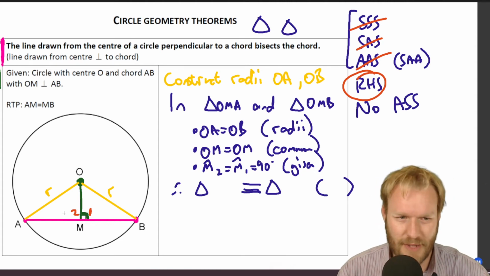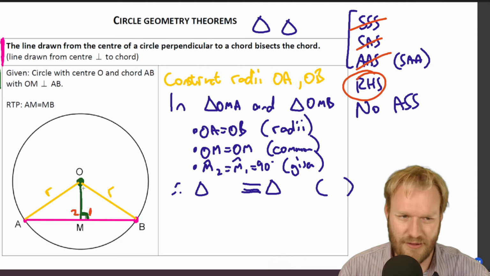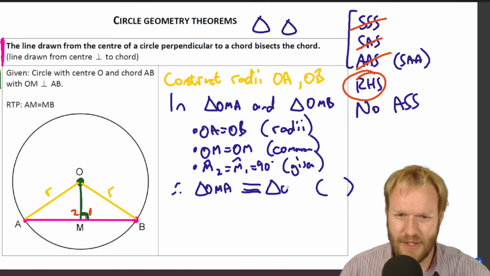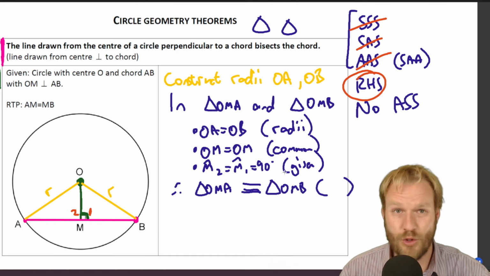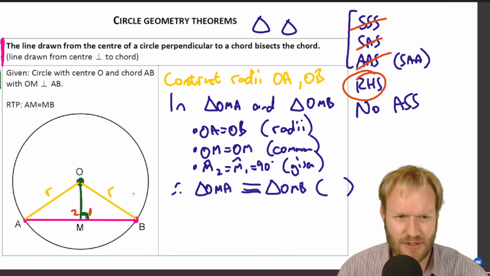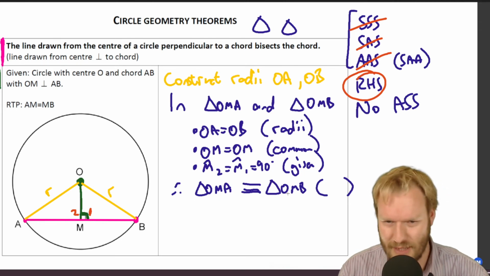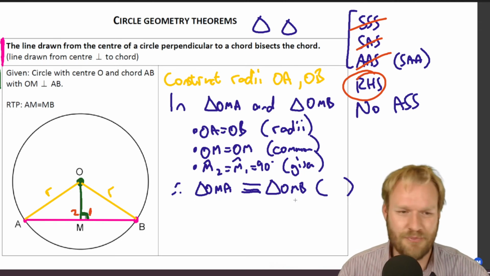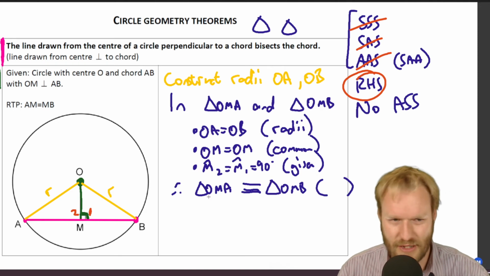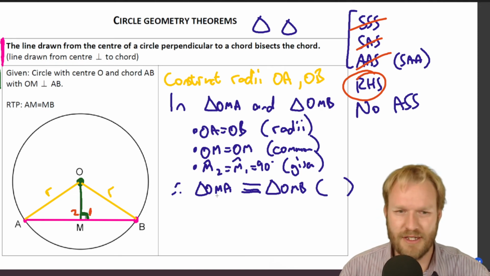So OMA is OMB. But think through how you're going to remember how to get the order of letters correct. Don't want to spend too much time, but OM equals OM, MA equals MB, OA equals OB, and angle O is equal to angle O, so that angle is equal to that angle, etc.